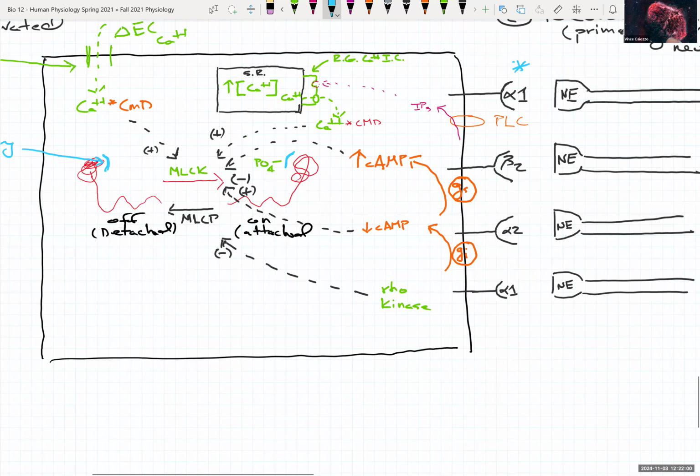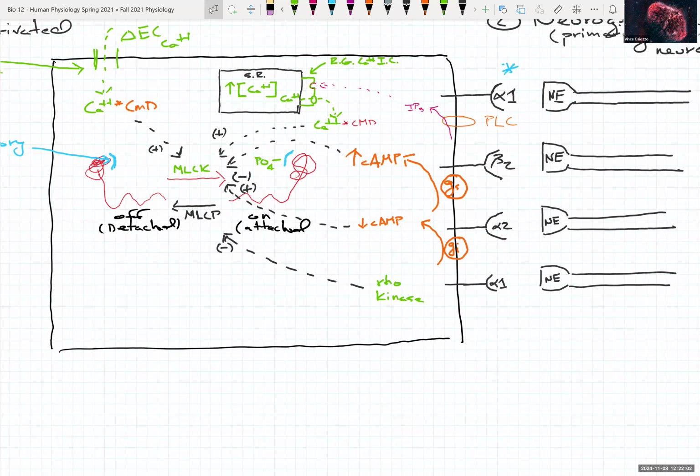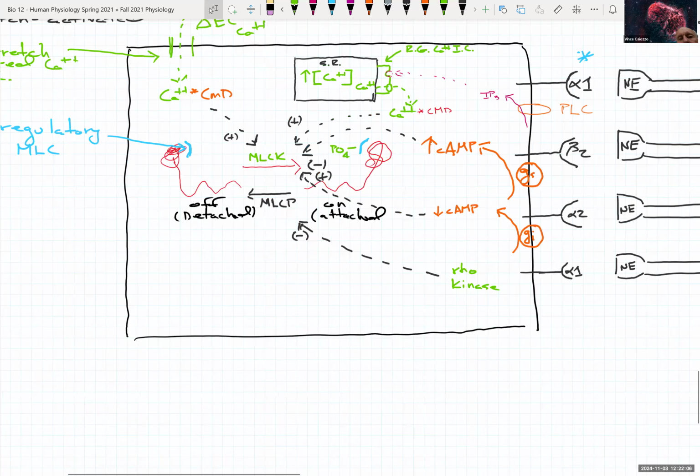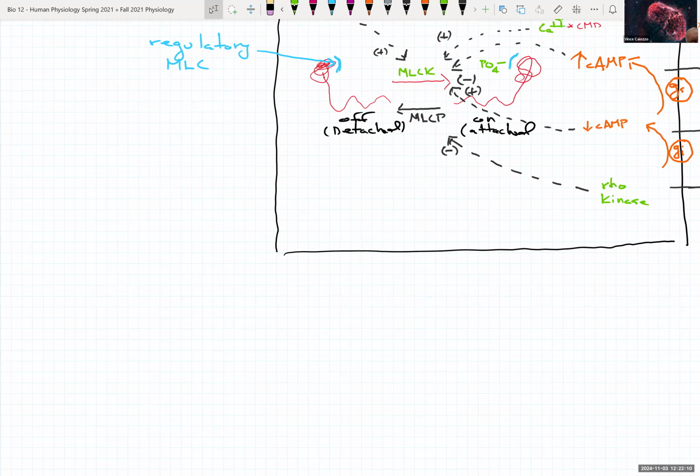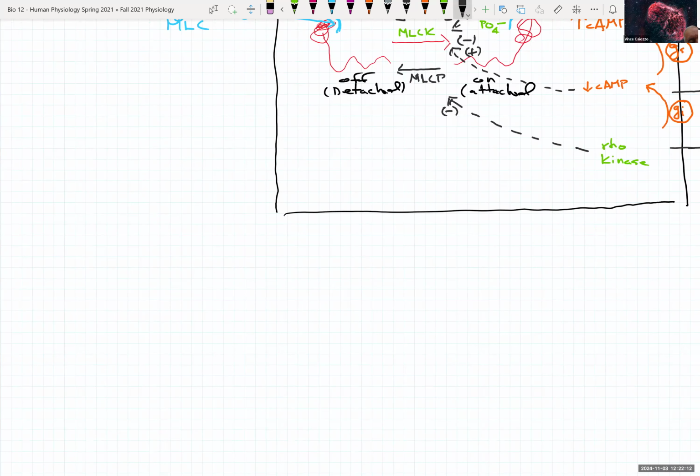All right, we've got one other factor to add into this, and this is the so-called chemogenic factors. So this scheme that I'm laying out here, down here in the bottom left, we're going to write chemogenic factors.